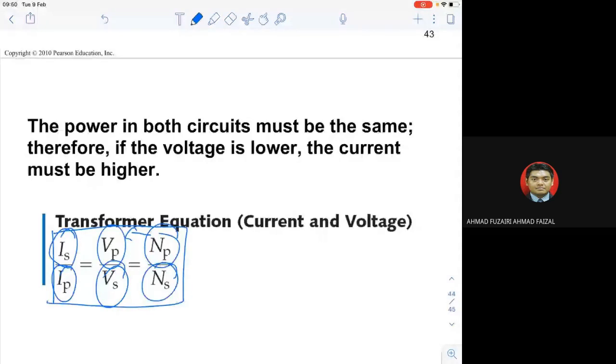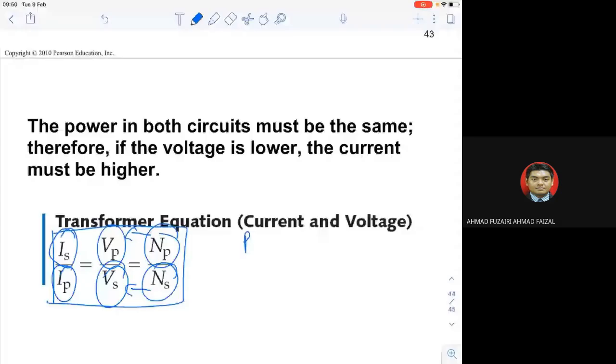So use the power. Power primary equals power secondary. Again, IP VP equals IS VS. And then you can bring VS over here: VP over VS equals IS over IP.